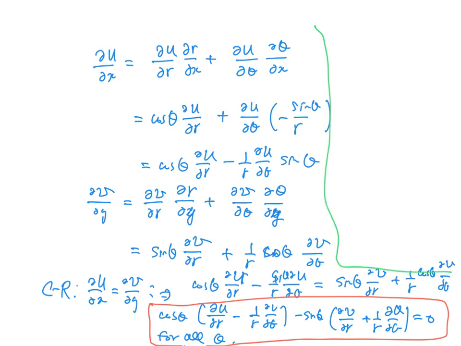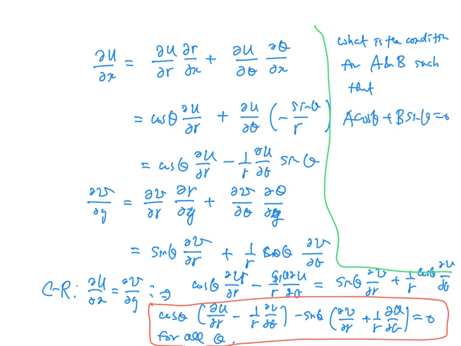So what is the condition for A and B such that A cosine theta plus B sine theta is 0 for all theta? Both are 0, right? A and B are 0, right?